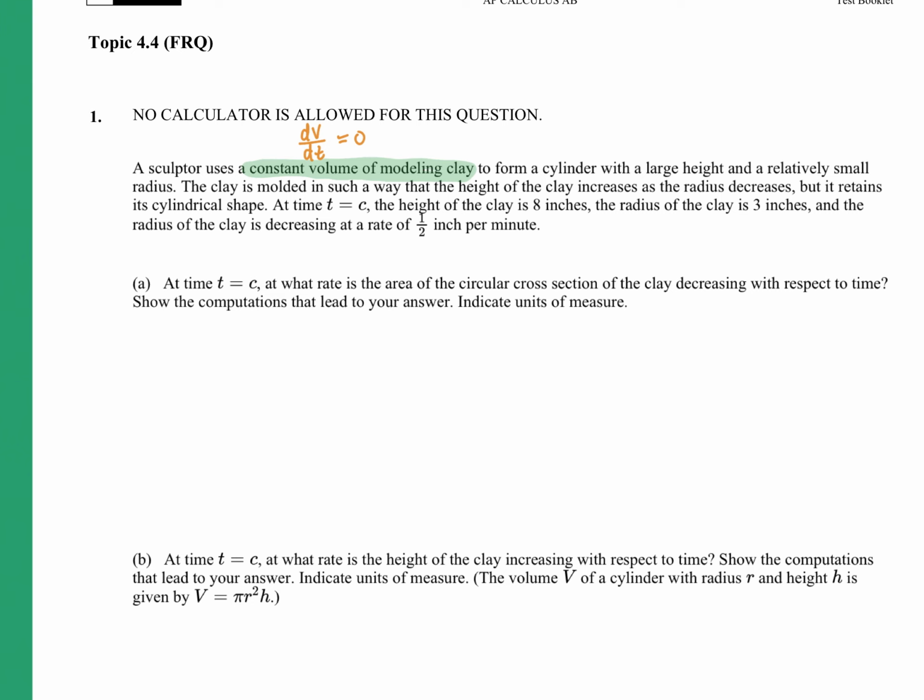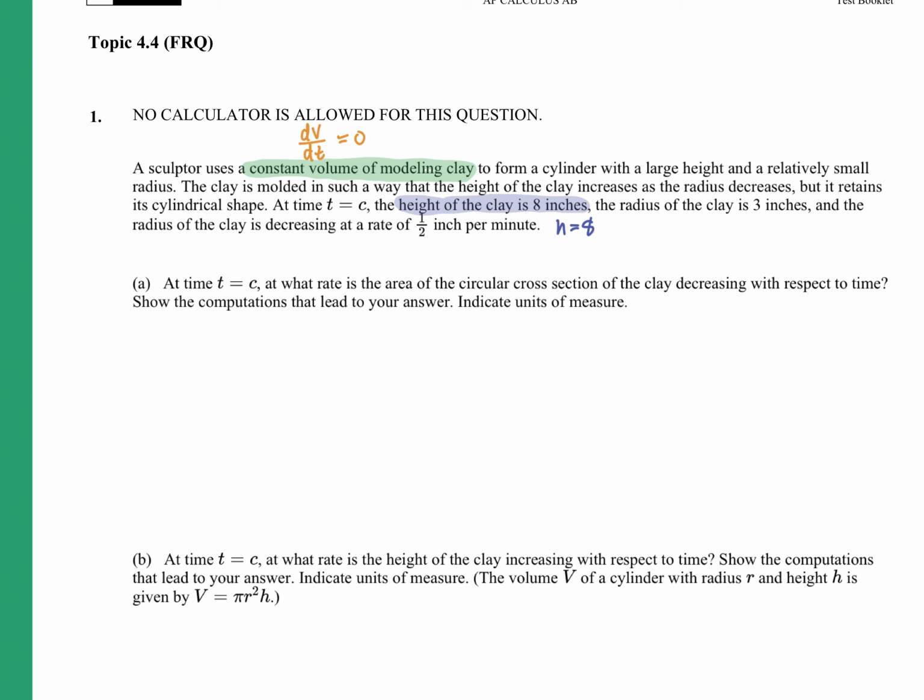Okay, so next thing. They say the clay is molded in such a way that the height increases and the radius decreases. At time t equals c, a certain point in time, the height is 8 inches, so we'll say h equals 8.